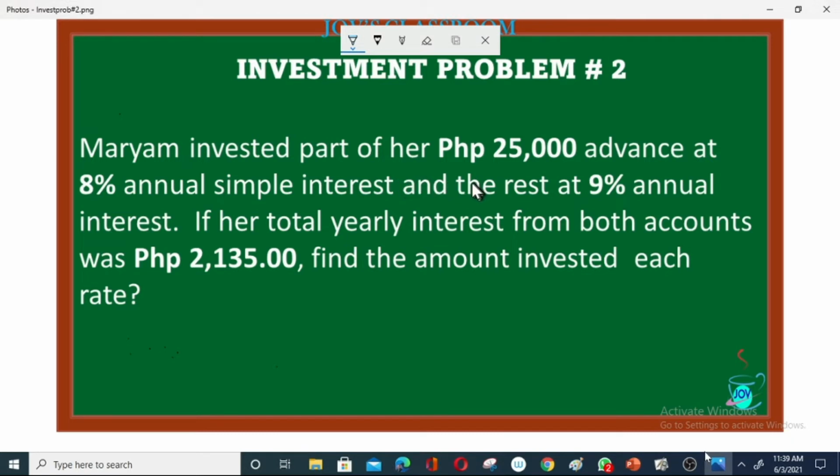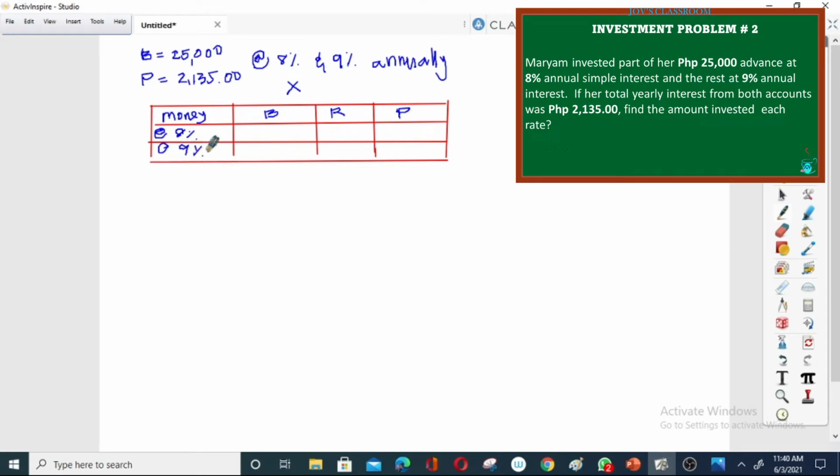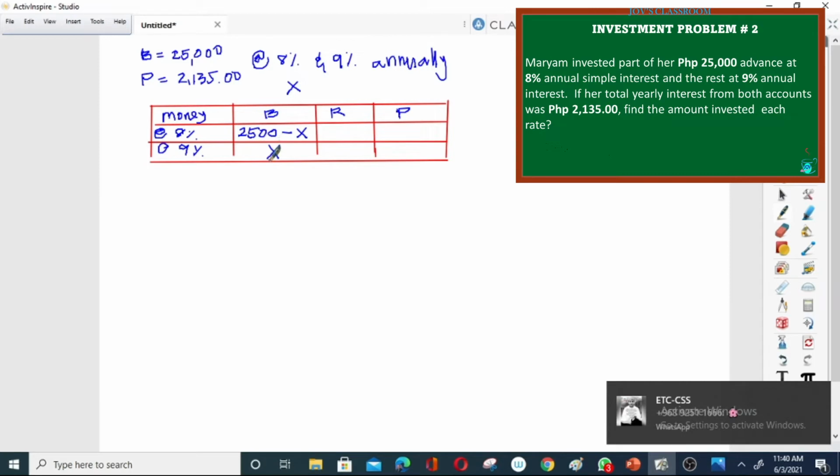Mariam invested part of 25,000, so the remaining will be at 9%. So this is the x.